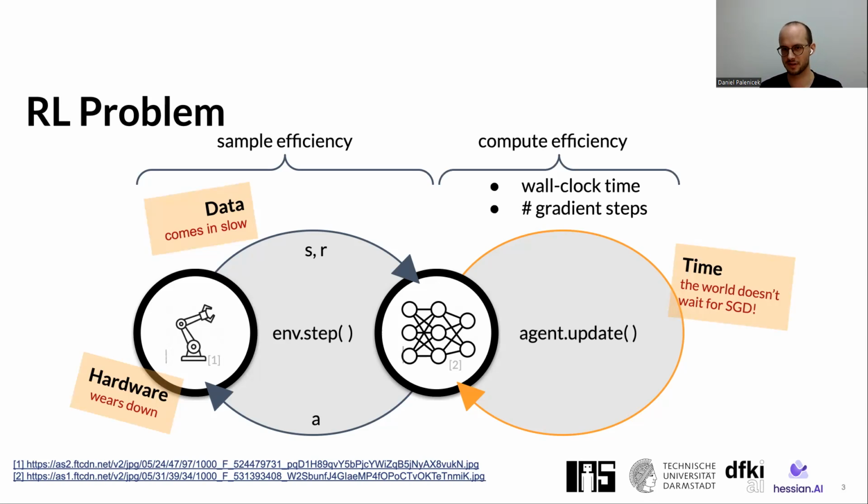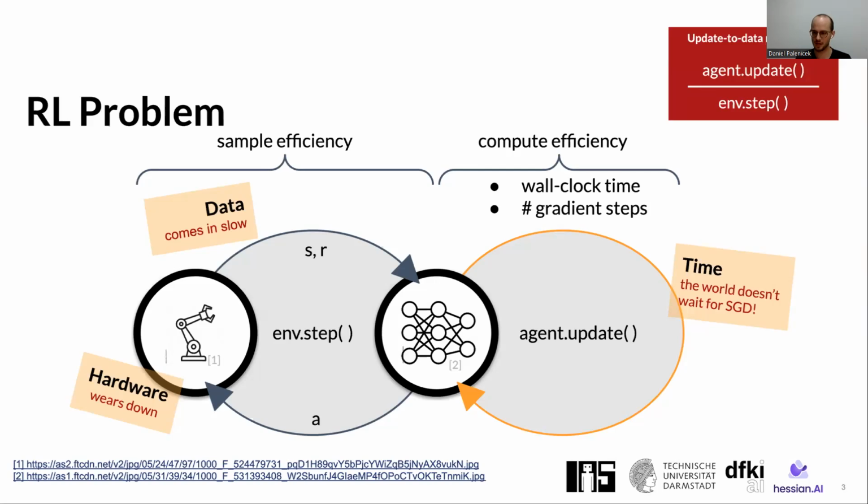We will refer to this as the computational efficiency of such an algorithm. And we might measure this, for example, in wall clock time or the number of gradient steps an algorithm is doing. One important definition that we're going to need in the rest of this talk is the update to data ratio, which is simply the ratio between the number of updates you do per environment step.